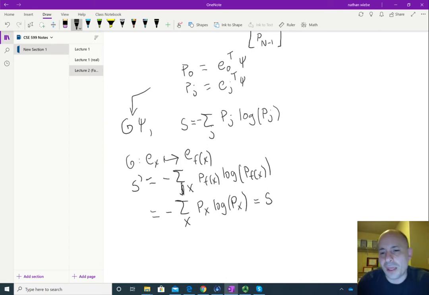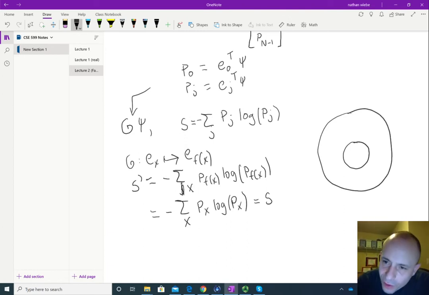So what this means is that if we start with a distribution that has a fixed value of entropy, say S0, S1, then the gates in a reversible gate set cause us to just transition to different points in this space of equal entropy.